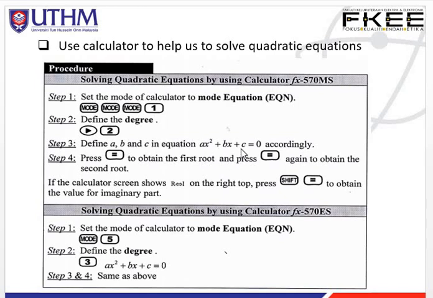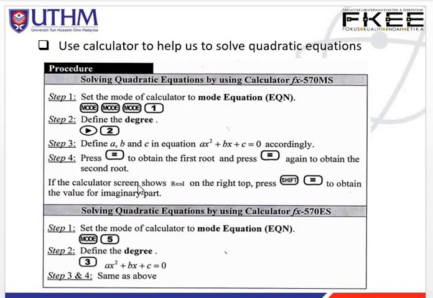Then insert the values. Then step 4, press the equal symbol to obtain the first root and press equal again to obtain the second root. You still remember you have m1 and m2, so we refer to them as root 1 and root 2.